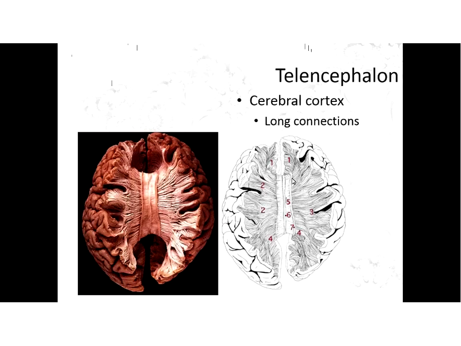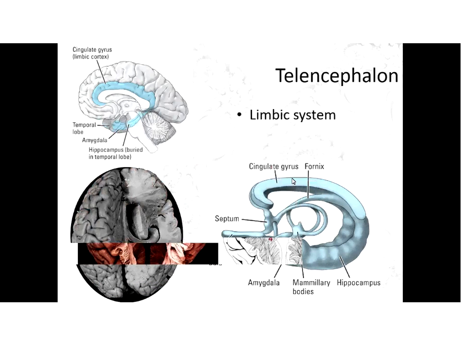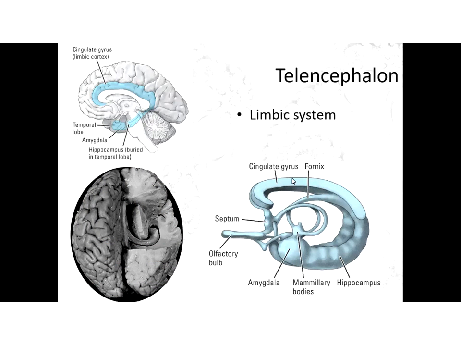In addition to the cerebral cortex in the telencephalon, we have the limbic system. And the limbic system also plays an important role in behavior, specifically both memory function as well as emotion. The hippocampus is located here, as you can see in this structure.